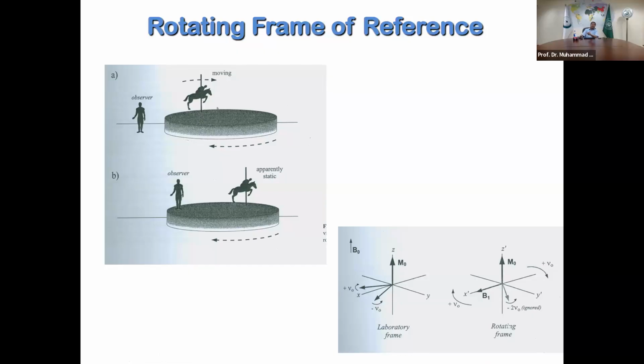Then you have two different vectors moving with different speeds because they have different Larmor frequencies.